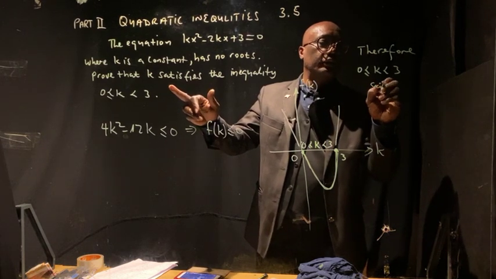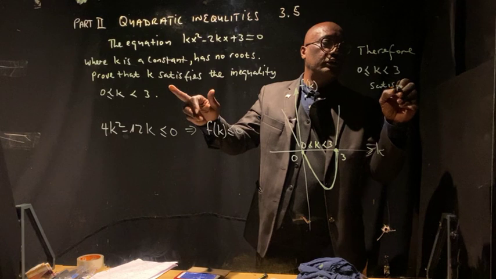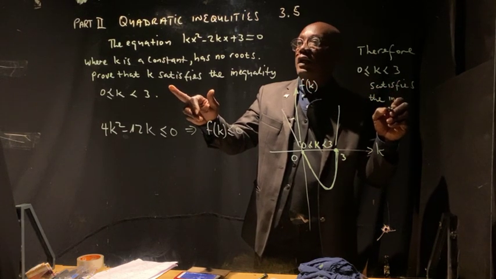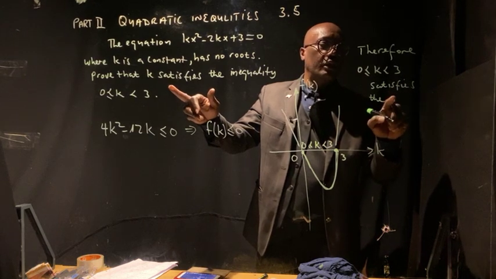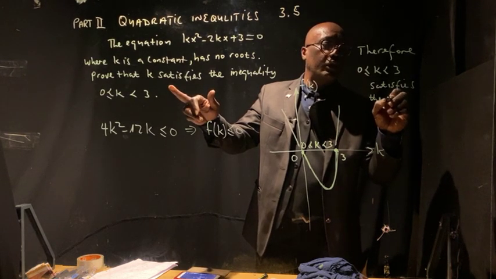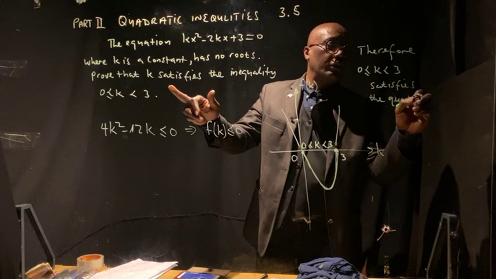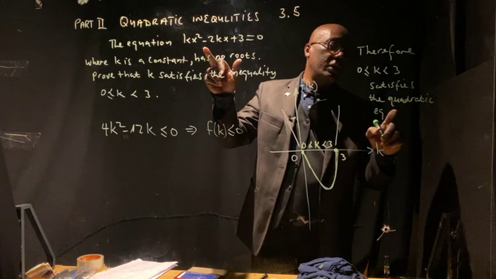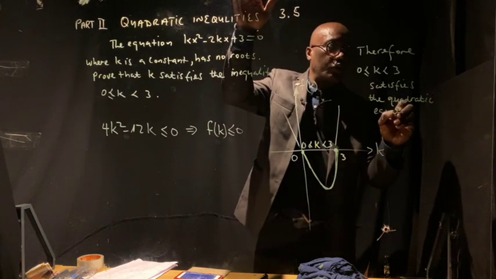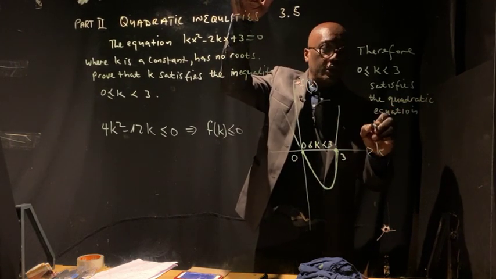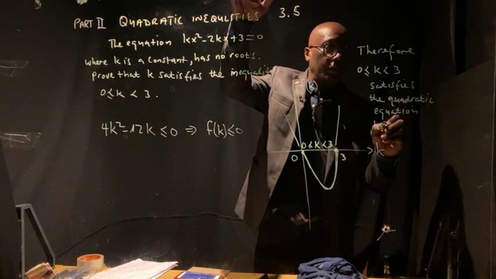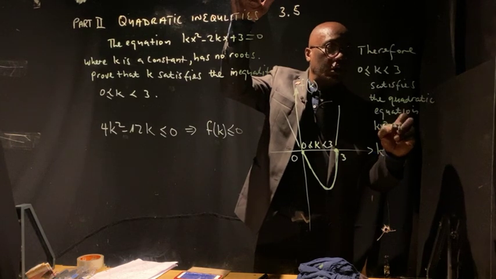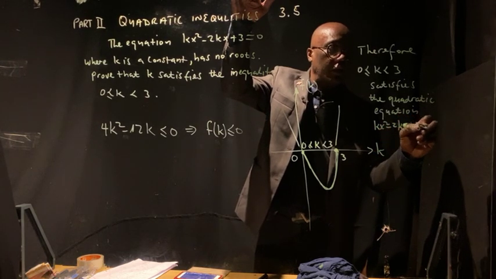satisfy the quadratic equation kx squared minus 2kx plus 3 equals 0.